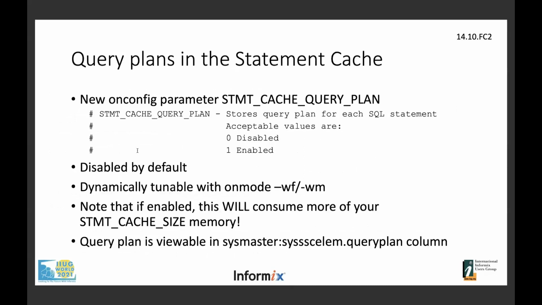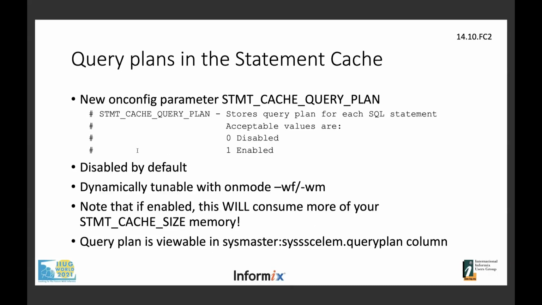Okay, so this is the query plans and the statement cache. A lot of the questions were, if you've enabled your statement cache and you're running at a steady state and all of a sudden something goes wrong, and this is back to my support days, something would happen to the statement cache.